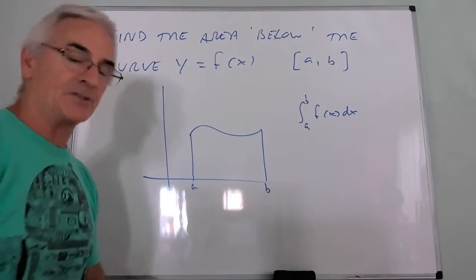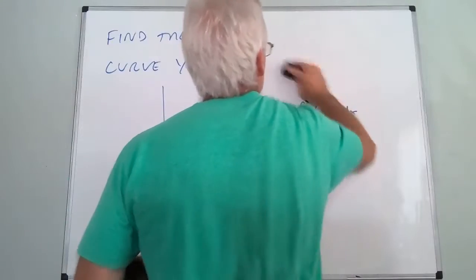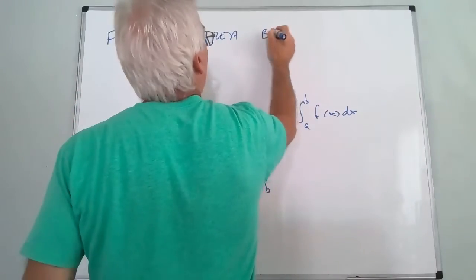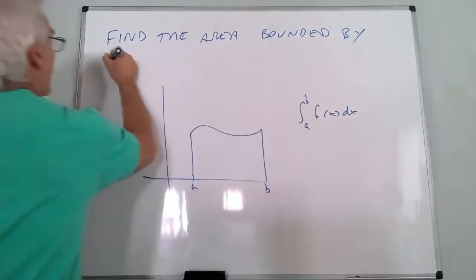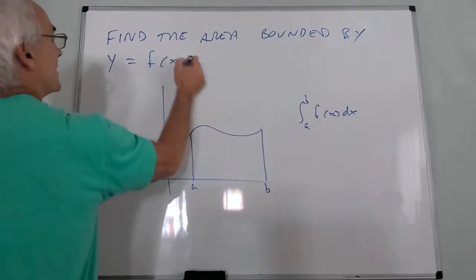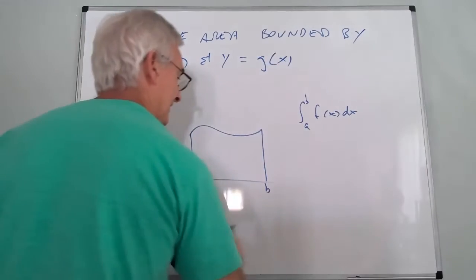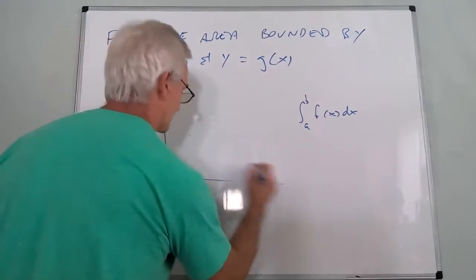Now, if I change the problem and I say find the area bounded by y equals f of x and y equals g of x, and let's suppose they actually intersect. That makes it easier. Maybe I have a line and a parabola or something.